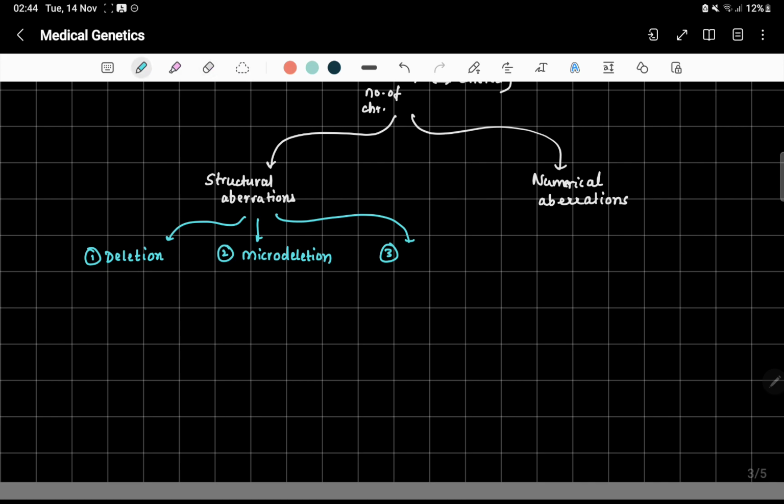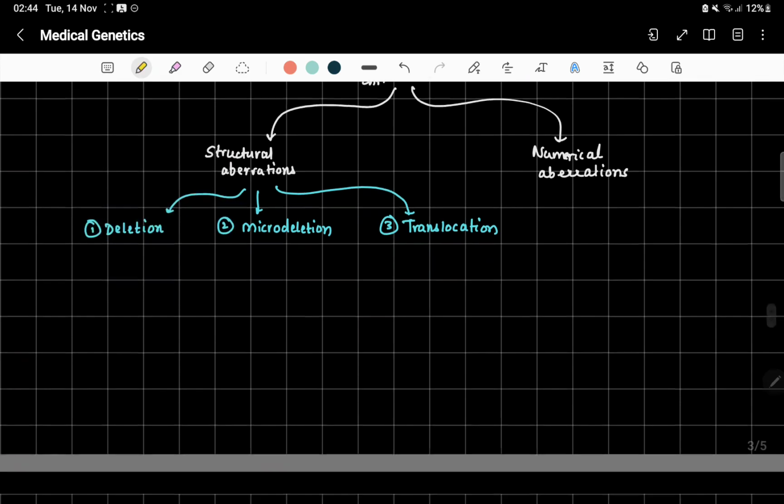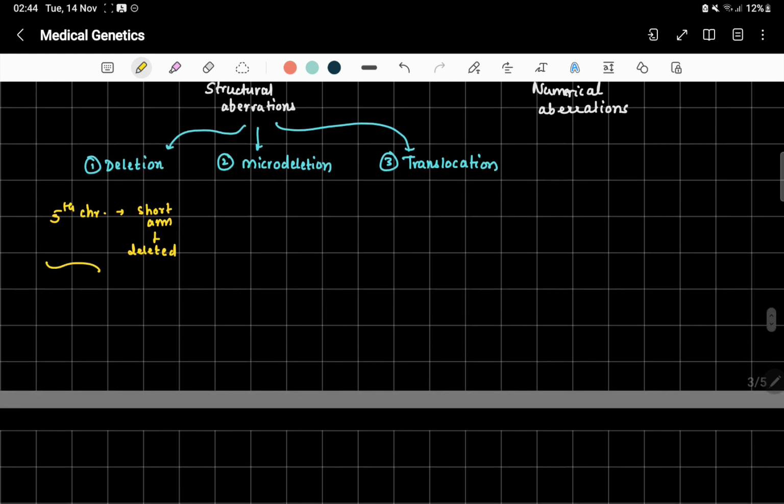Leukemia is the disorder. Okay, deletion, for example, on the fifth chromosome. The short arm of the fifth chromosome is deleted, causing a syndrome called Cri-du-chat syndrome, or Cat's-Cry syndrome.